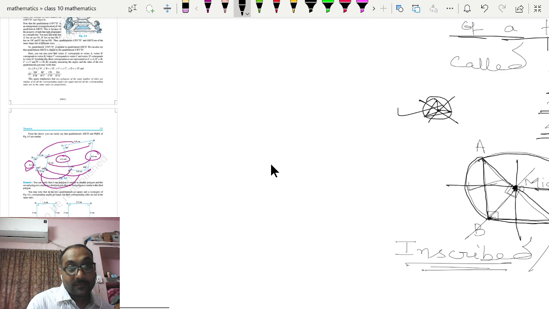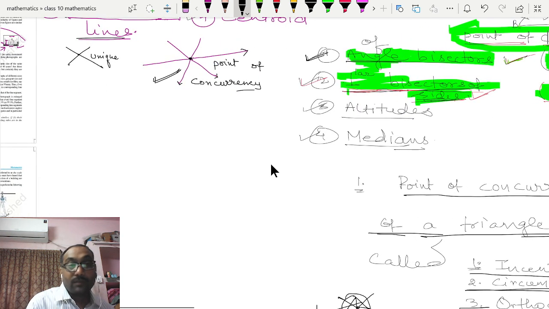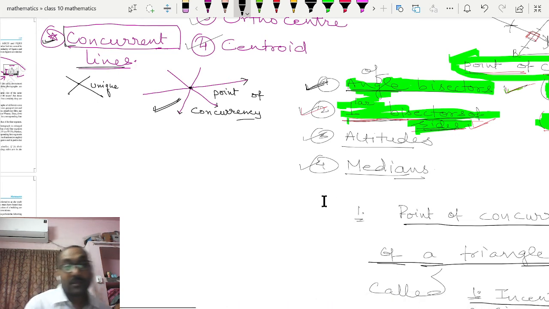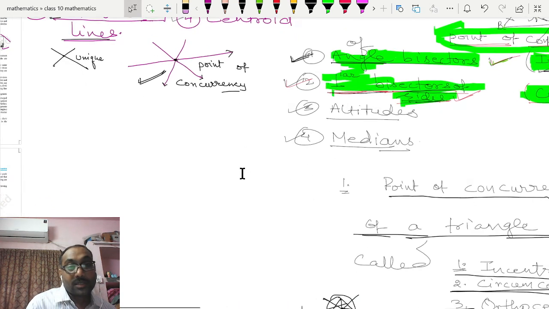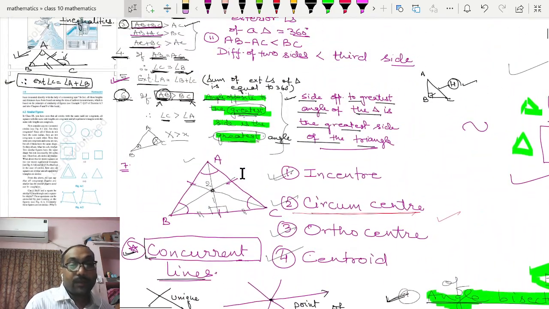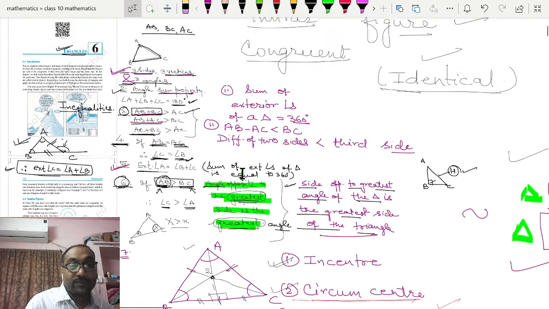Okay, now we are talking about similar triangles. So similar triangles require the basic concepts that we have used today.